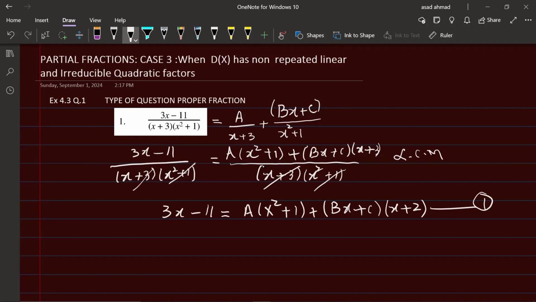Now to find the value of A, B, C, we will first take the linear factor, that is x plus 3, put it equal to 0, and from here we derive the value of x, that is minus 3, and we will put this value in equation 1, which we have just formed.